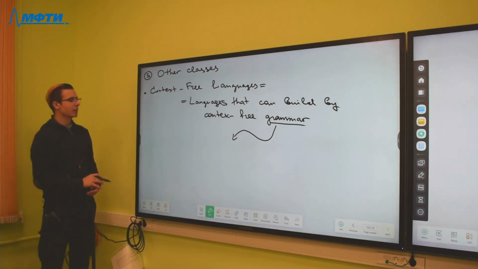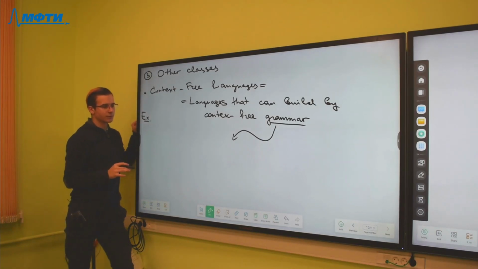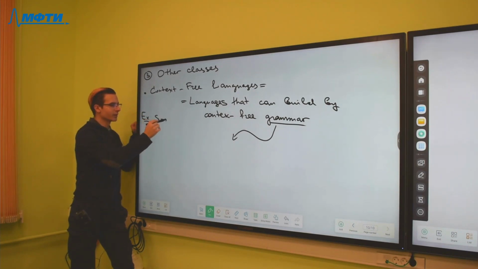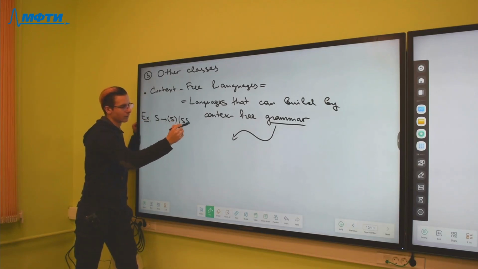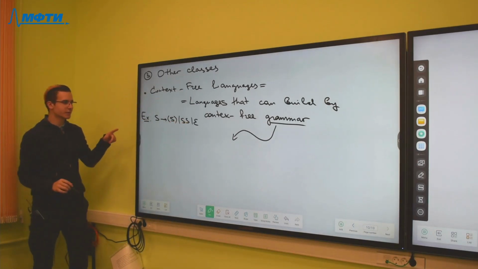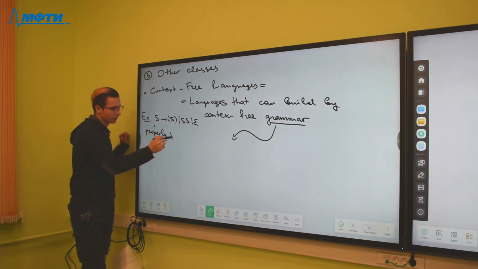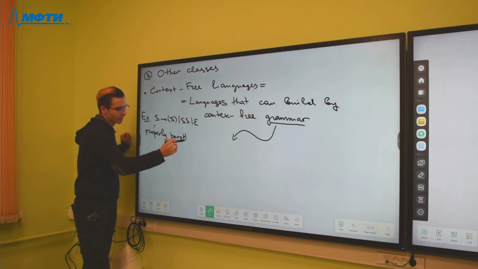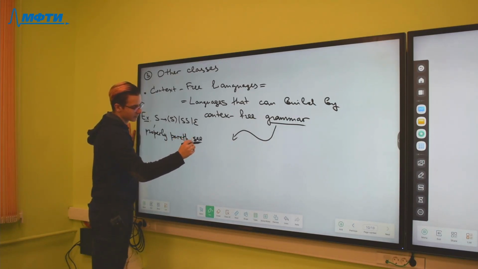For example, as you remember, imagine all the time that if we have such expressions, it is properly processed sequences.